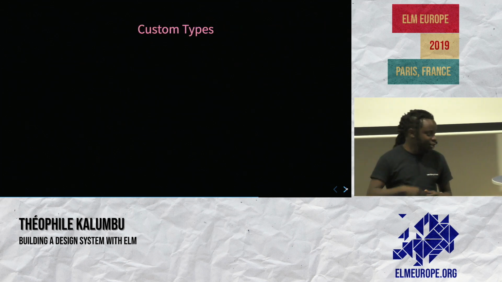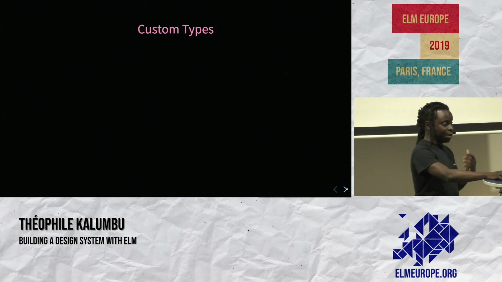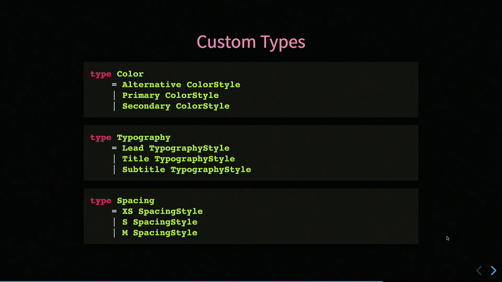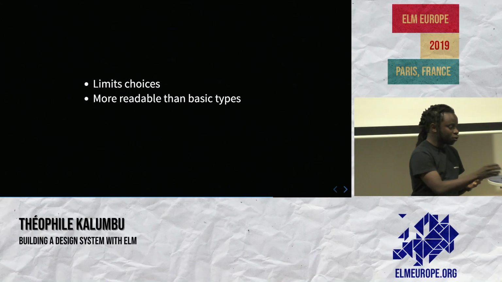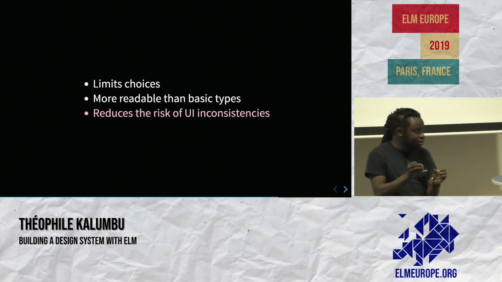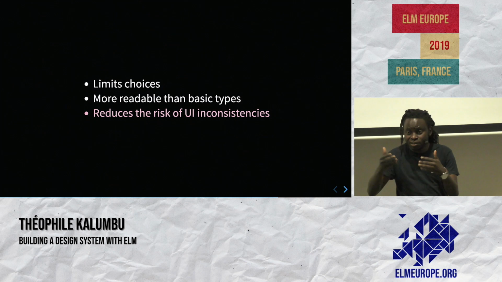We had a great presentation from Richard Feldman yesterday. Custom types here help to describe colors, typography, and spacing. The advantage here is that we're limiting the choice. Of course, it's more readable, but by limiting the choice, we reduce the risk of user interface inconsistencies.